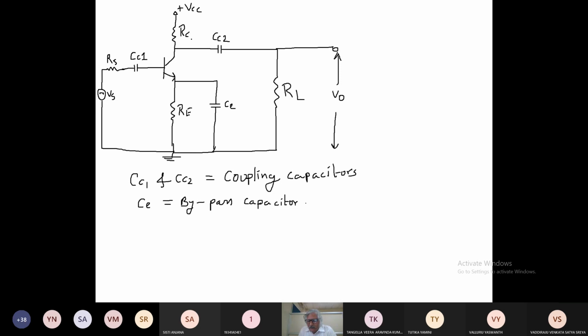Anyone can tell? What is the need of this DC voltage source, VCC? Because if you want to amplify something, simply you connect that signal Vs to the transistor and it will amplify. What is the need of VCC here? Why have we connected VCC? Any idea?